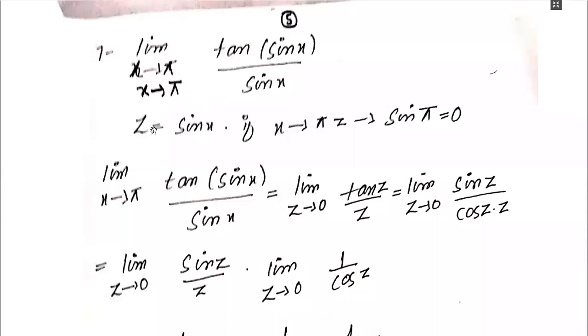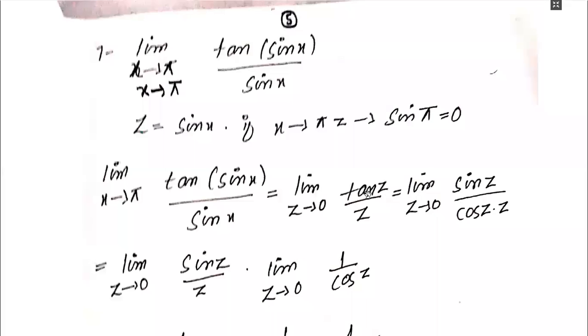Now this problem, limit x tends to pi of tan x over sin x, equals limit z tends to 0, because the new limit is 0, and here is tan z over z. Again limit z tends to 0, because tan z equals sin z over cos z.